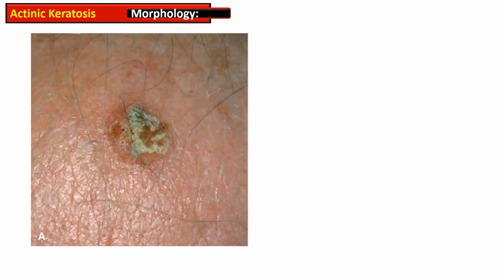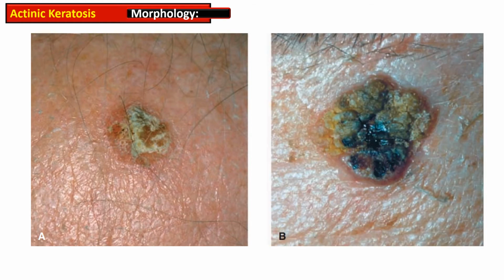This is the gross picture of actinic keratosis at higher magnification. There is a yellow-brown, tightly adherent, hyperkeratotic rough lesion that has a reddish base. And this one is another actinic keratosis.